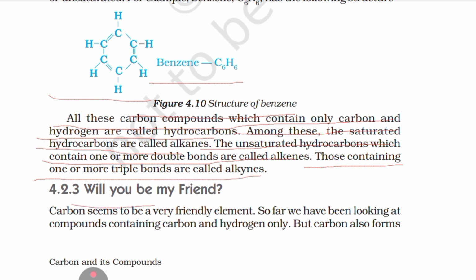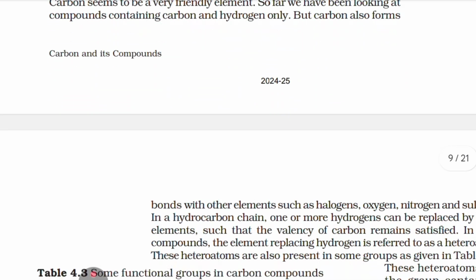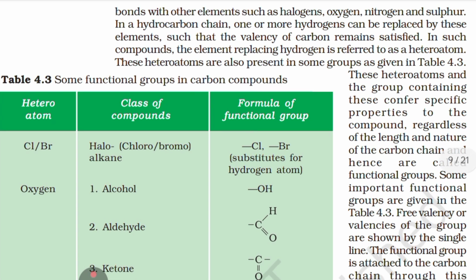Will you be my friend? Carbon seems to be a very friendly element. So far we have been looking at compounds containing carbon and hydrogen only, but carbon also forms bonds with other elements such as halogens, oxygen, nitrogen and sulfur.